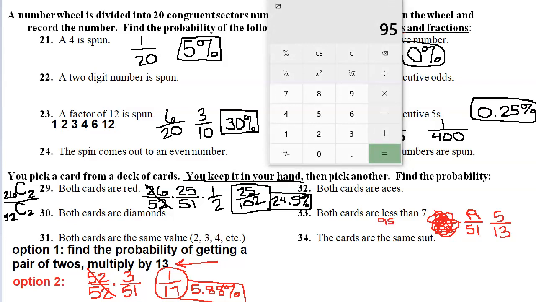And then 51 times 13 is going to be 663. And hooray for us, that does not reduce at all. So that's pretty insane. So you get 95 divided by 663, which is going to give you a very weird 14.33%.